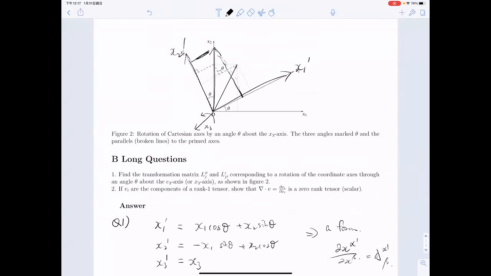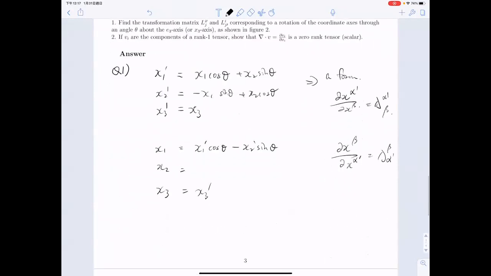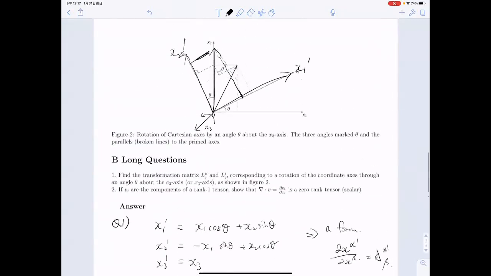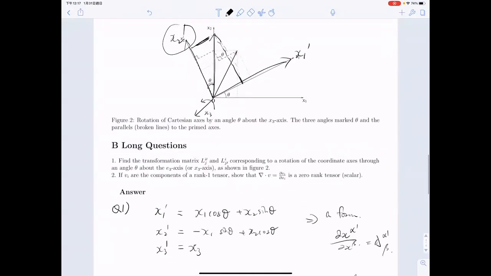Then you will find x2 is equal to x1 prime sine theta plus x2 prime cosine theta. Easy, just by simple mathematics. Theta here, x2 must be times cosine theta, right? And here, this component will be x1 times sine theta. Easy.